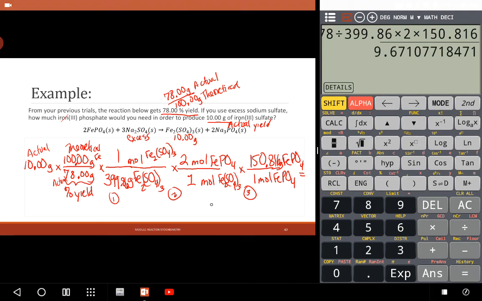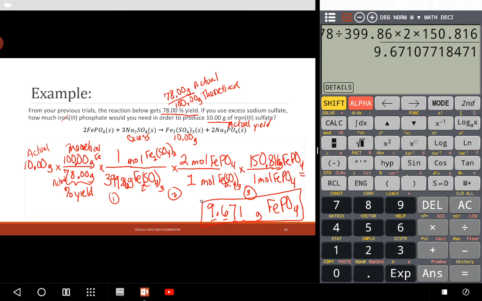And so that would be equal to 9.6710 grams. And then I would need 4 sig figs, 1, 2, 3, 4. So I'll just go ahead and round. And there we go.